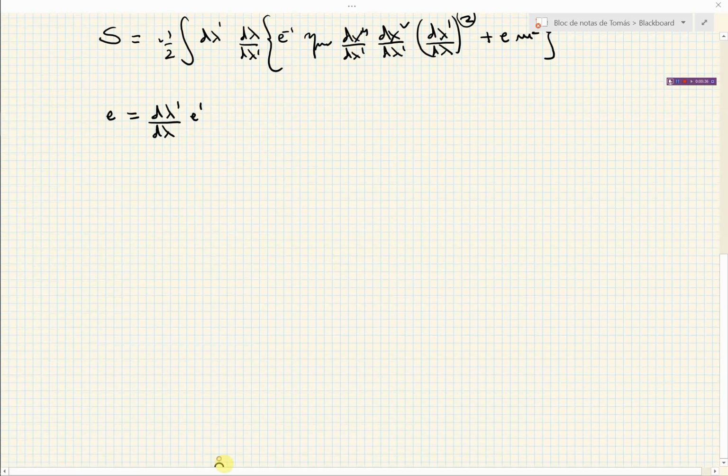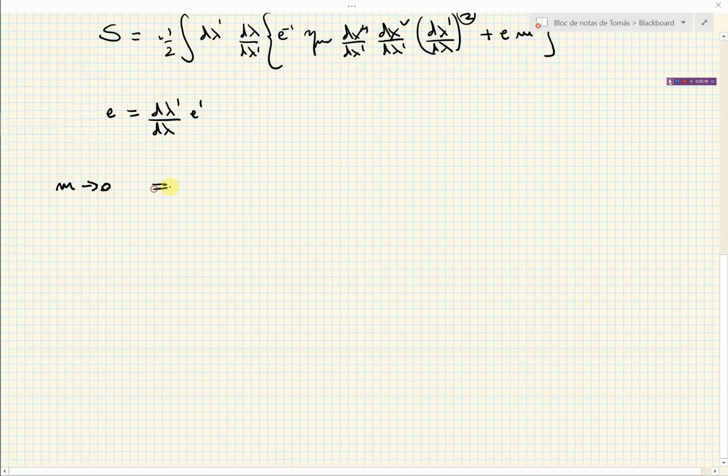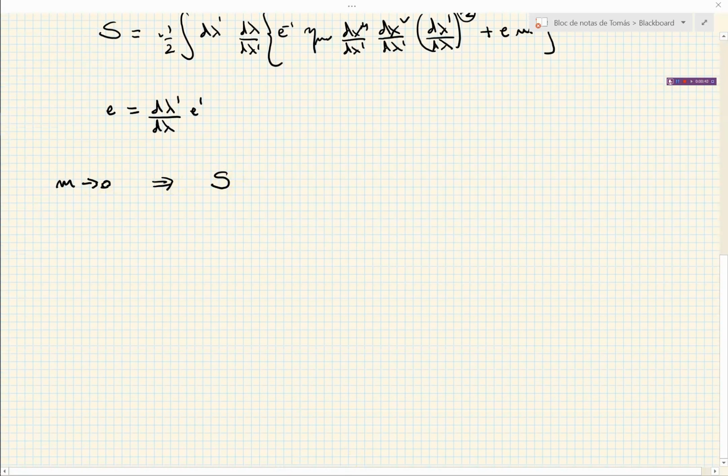Now we can take the m going to 0 limit, and this gives us the action for a massless particle, which takes this form.